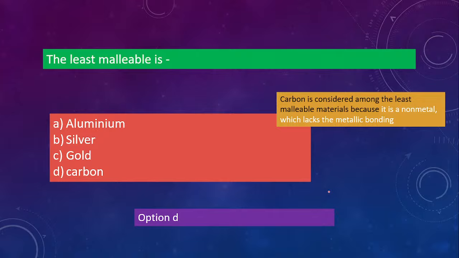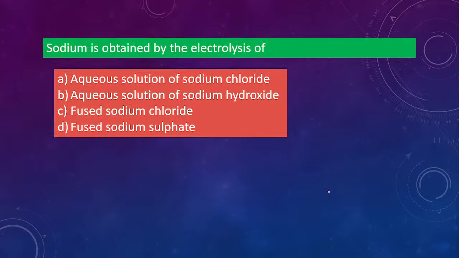Gold is the most malleable one. Gold, silver, you can form into sheets, but carbon cannot be made into thin sheets. That is malleability.